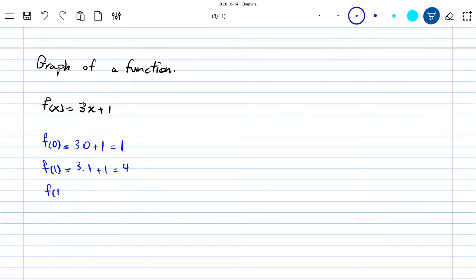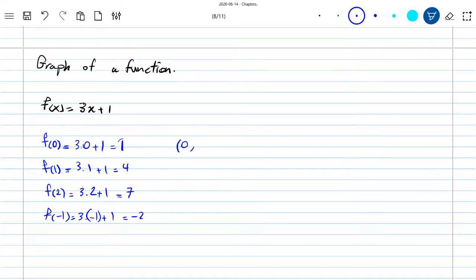F of 2, I'm just picking different inputs: 3 times 2 plus 1 would be 7. F of negative 1, for x I'll replace negative 1: 3 times negative 1 plus 1. Use parentheses. Negative 2. So what I did is I found a bunch of points. For example, in this case, I picked 0 as an input. That means my x coordinate is 0.